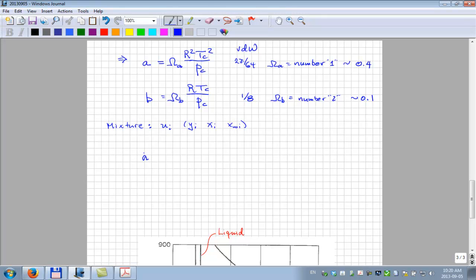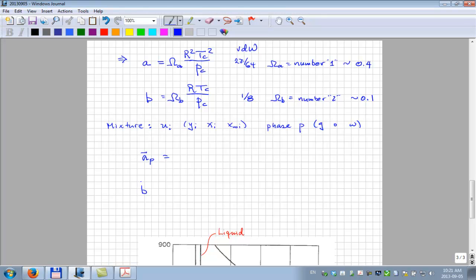The way van der Waals recommended applying this equation to a mixture, a particular phase made up of a mixture, is that the average A is calculated for that particular phase, phase P being either gas or oil or water.